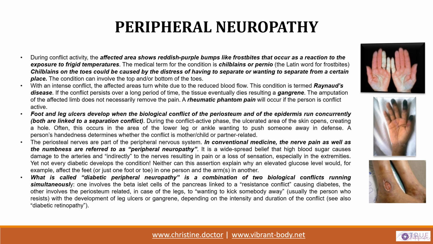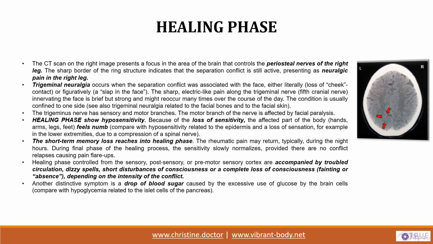One involves the beta islet cells of the pancreas linked to a resistance conflict causing diabetes, and the other involves the periosteum, in case of the legs, to wanting to kick somebody away, usually a person who resists, of course, with the development of leg ulcers or gangrene, depending on the intensity and duration of the conflict. And when you resolve such a biological conflict, you move into the healing phase.